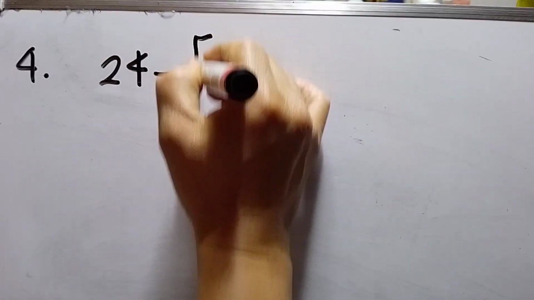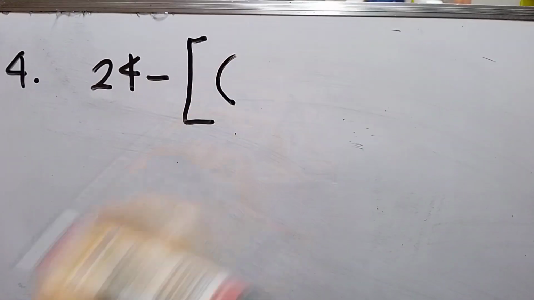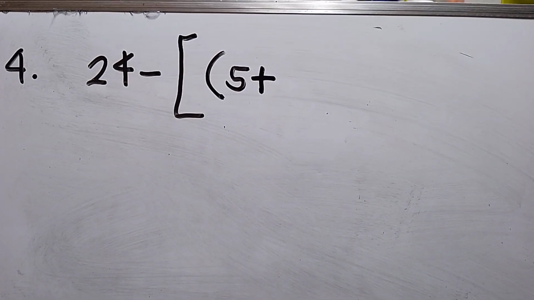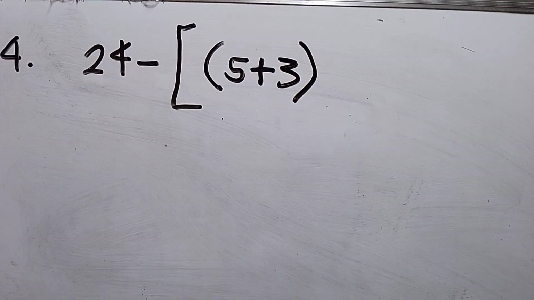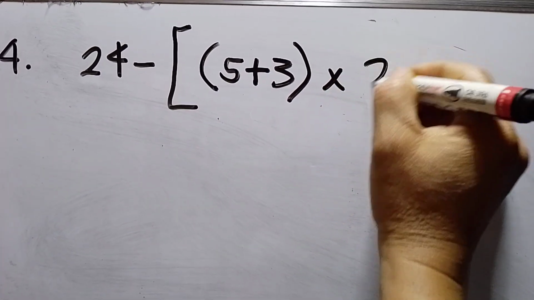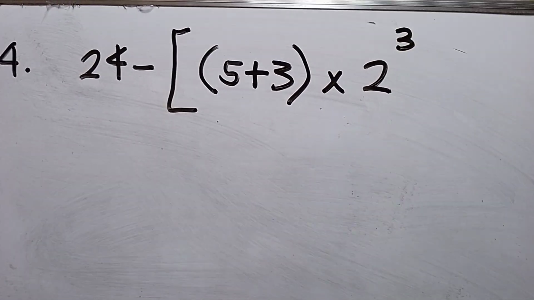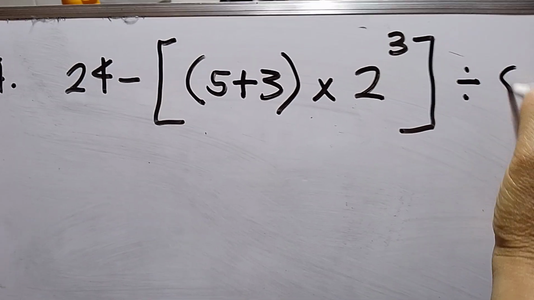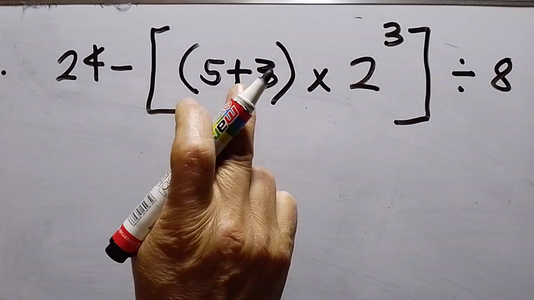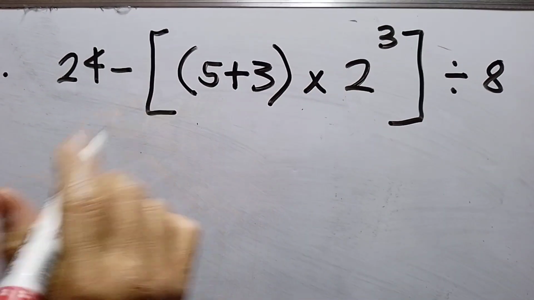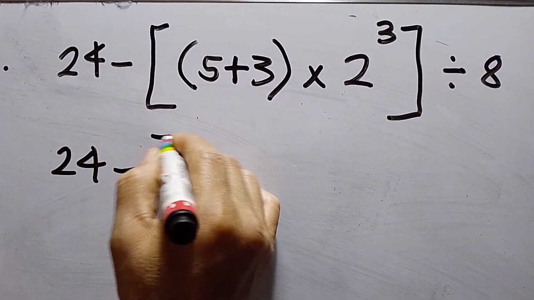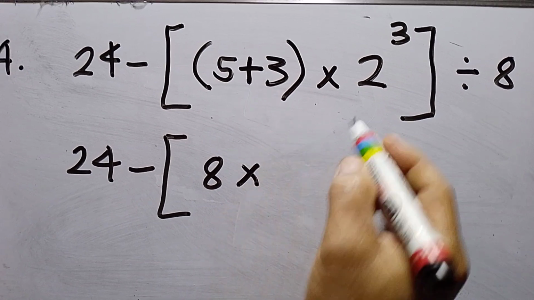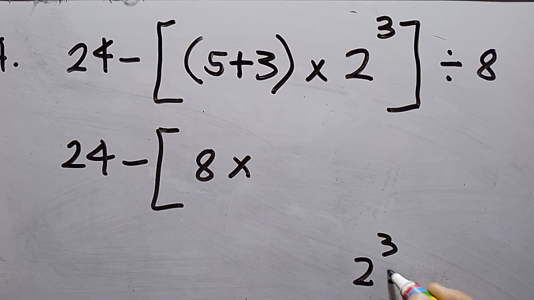24 minus square brackets. Then I have round brackets. Inside is 5 and 3, then times 2 raised to the third power. This will be close bracket divided by 8. So I need to simplify first this one and this one. 24 minus, so this will be 8 times. What is 2 to the third power?